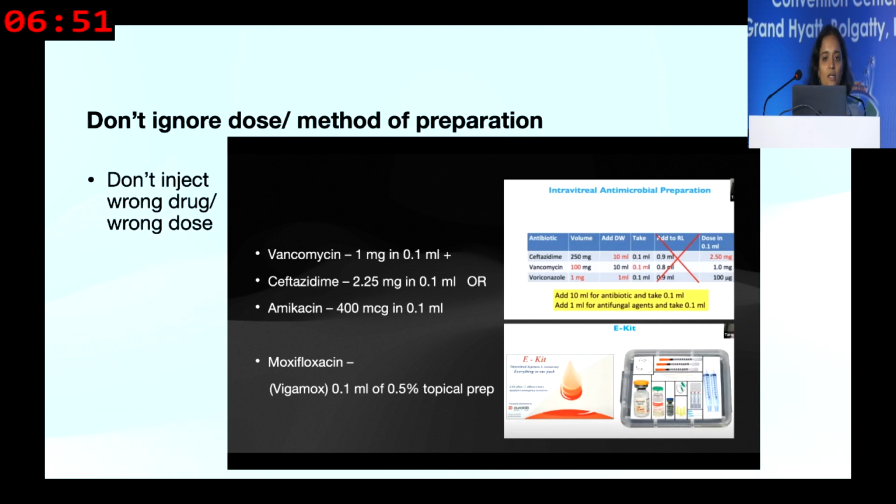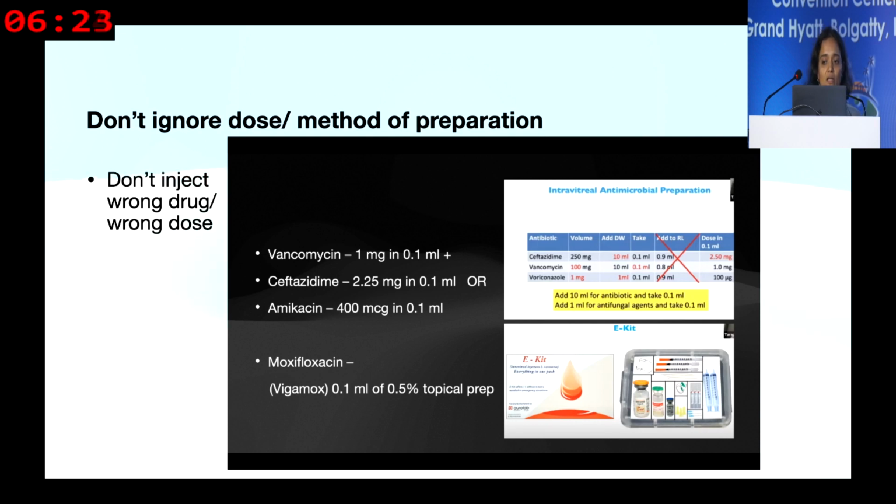Of course, we should not ignore the dose or the method of preparation, like Kumar sir showed. He said a very nice sentence that the faintest ink is better than the brightest memory. So we keep a chart of antibiotics and their preparation methods on the wall of our OR, of all our ORs if there are more than one. And we know how to make these intravitreal preparations.